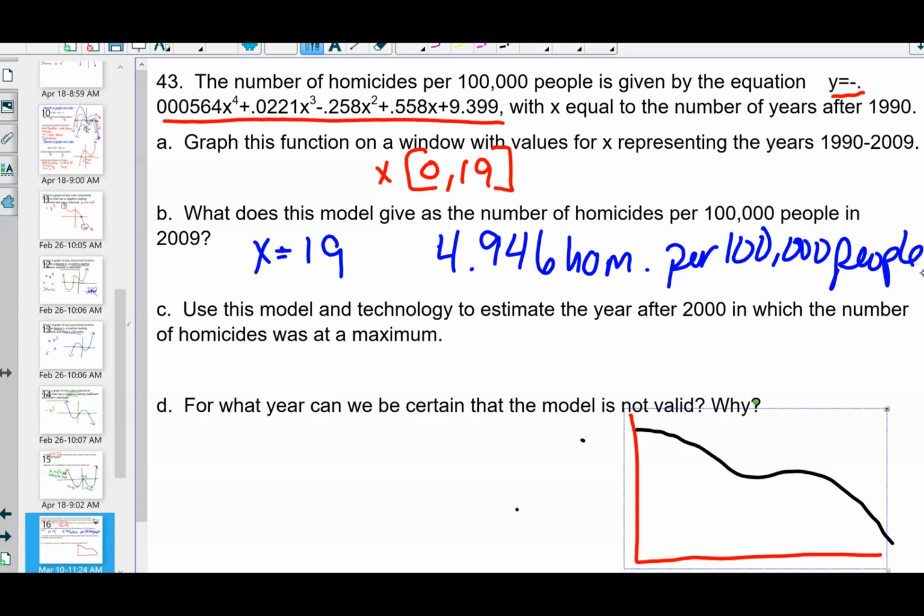Using this model and technology, I'm on letter C, to estimate the year after 2000 in which the number of homicides was the maximum.